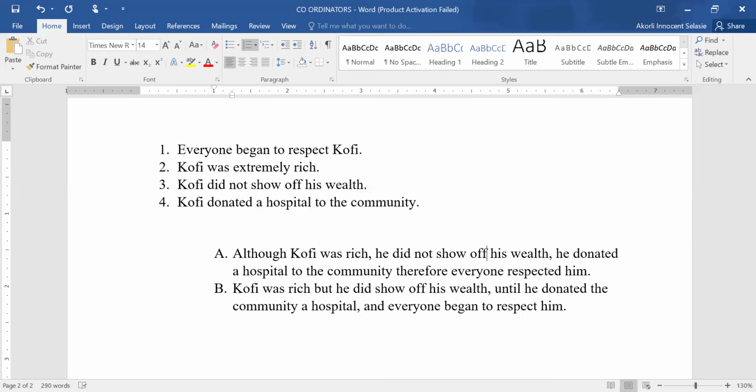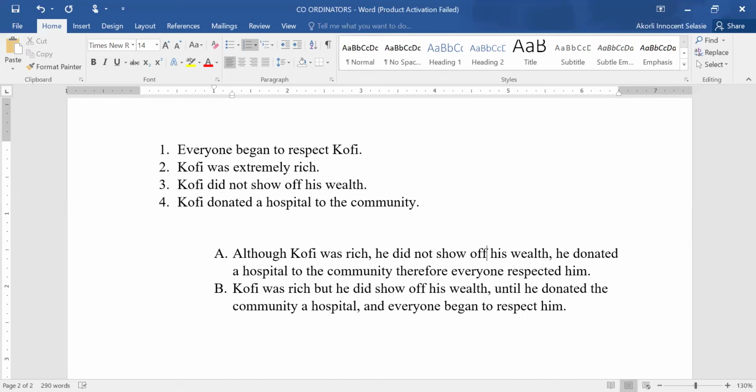Choose any one which is more appropriate for you and sounds meaningful and convenient. Although Kofi was rich, he did not show off his wealth. He donated the hospital to the community. So you can use so everyone respected him.